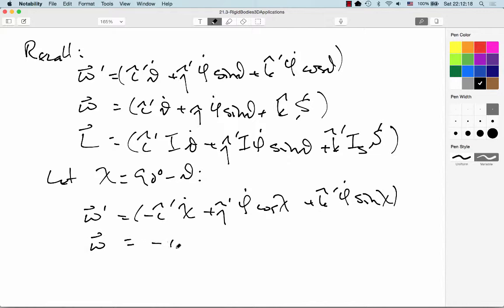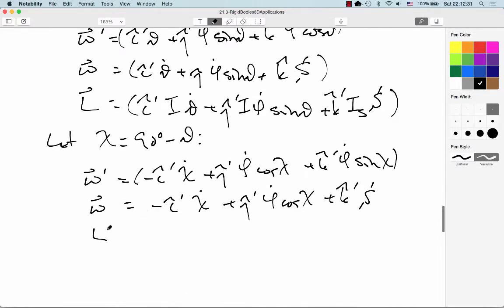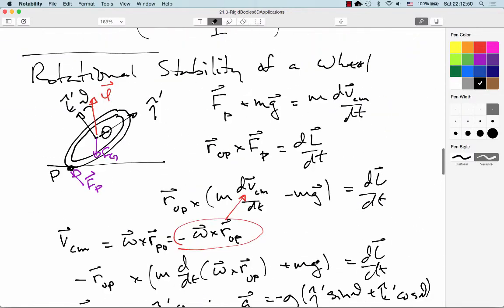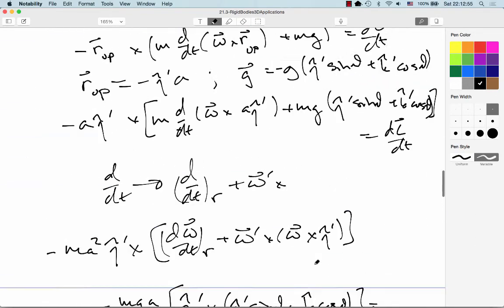Omega will be minus i prime chi dot plus j prime phi dot cos chi plus k prime S. And finally, L will be minus i prime I chi dot plus j prime I phi dot cos chi plus k prime IS S.